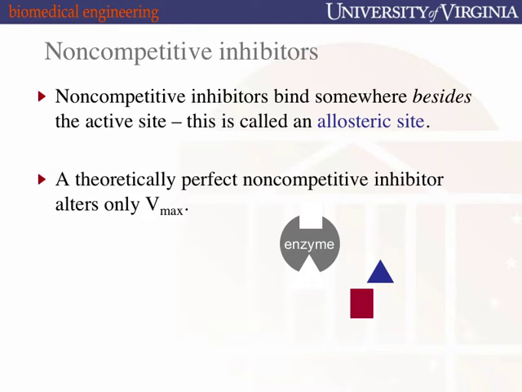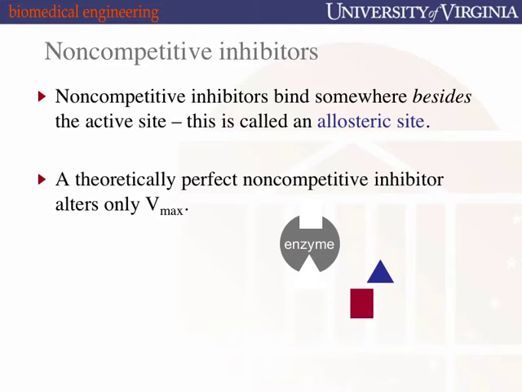All right. So in that case of a non-competitive inhibitor, here's Vmax. Now, a non-competitive inhibitor is going to look something like this, right? So this is Vmax prime. So we've changed the Vmax.